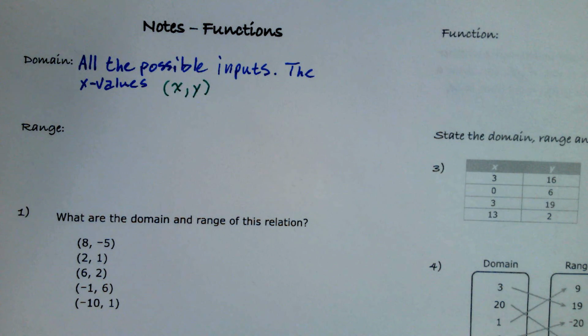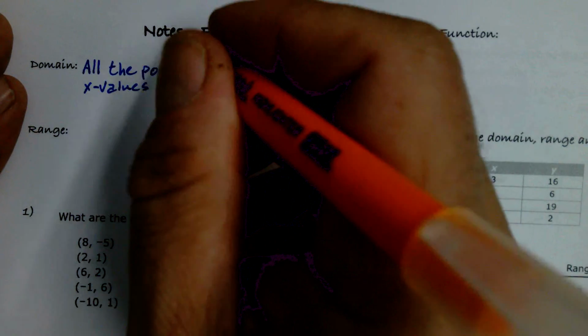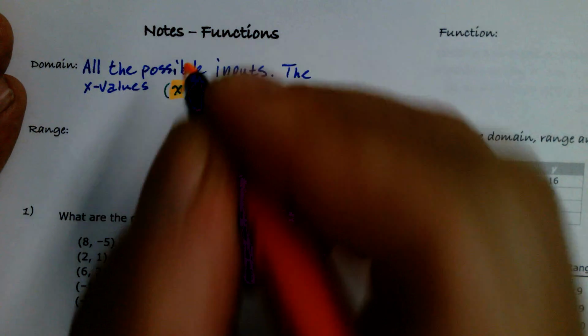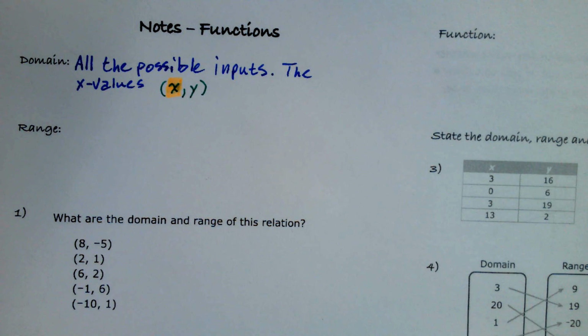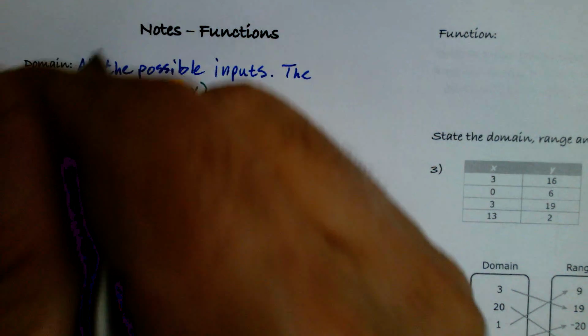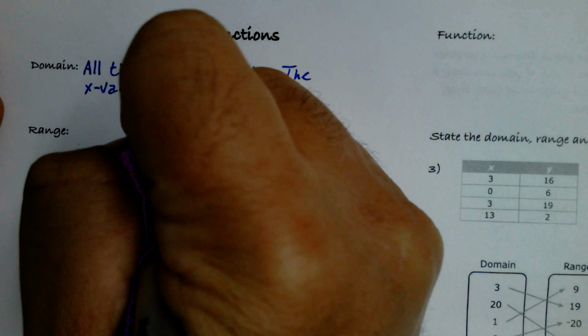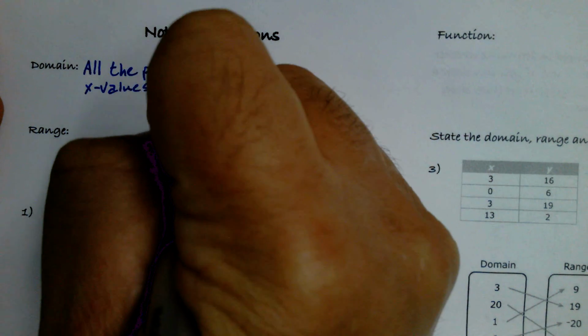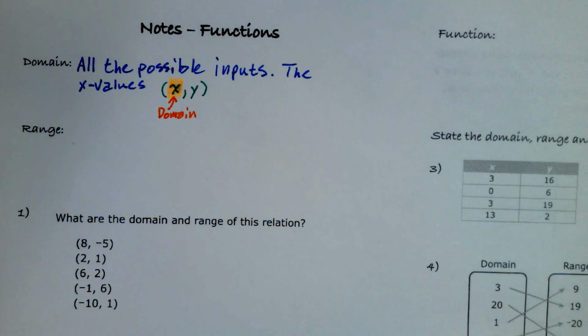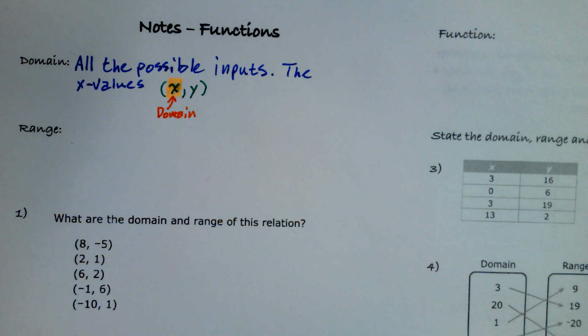If I have an xy ordered pair, the domain has to do with the x values. So for a good chunk of the time, until you get into really advanced math, we're always going to think of the domain as all the x values. Okay?